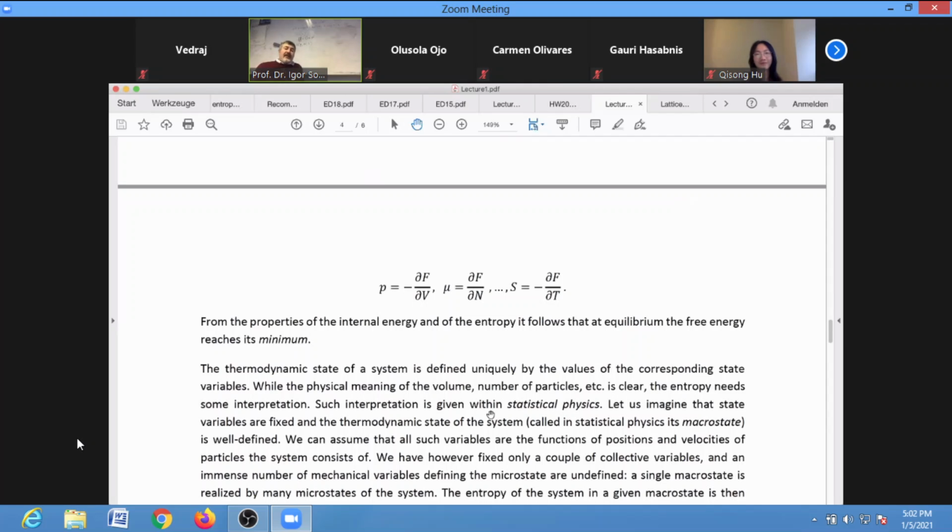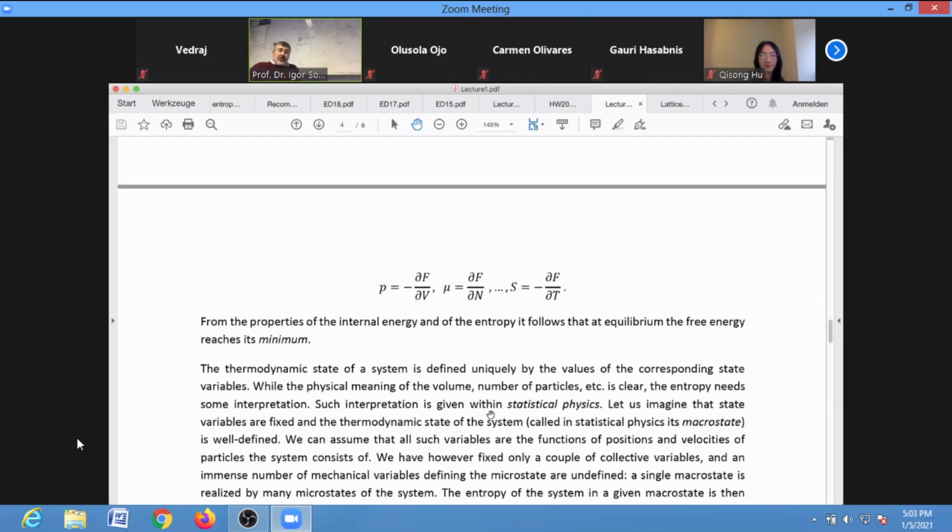Now, from the properties of internal energy and entropy, it follows that all reasonable thermodynamical potentials at equilibrium reach their minimum. The free energy is the nicest potential if I can keep temperature constant, because then I have one term less. And at constant temperature, the free energy always reaches its minimum at equilibrium.